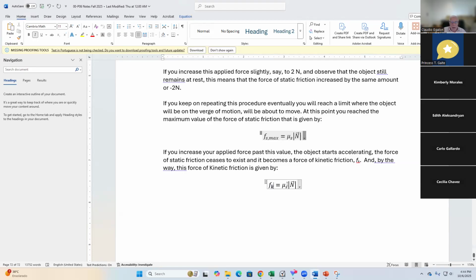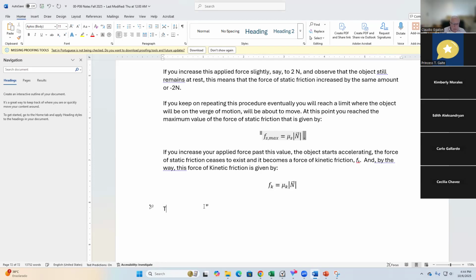It's also given by a coefficient times the normal force, but this coefficient is, most of the time, different. Most of the time it is less than mu sub s. The equation is the same; it's just the coefficient that is different.